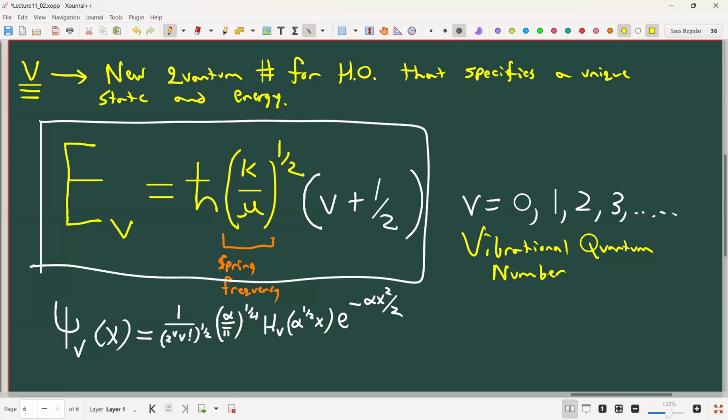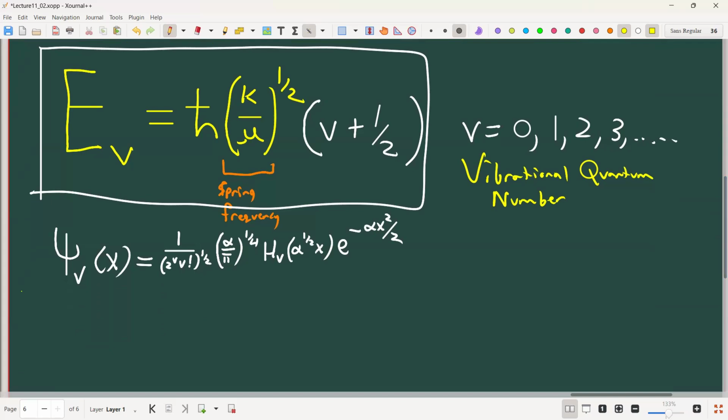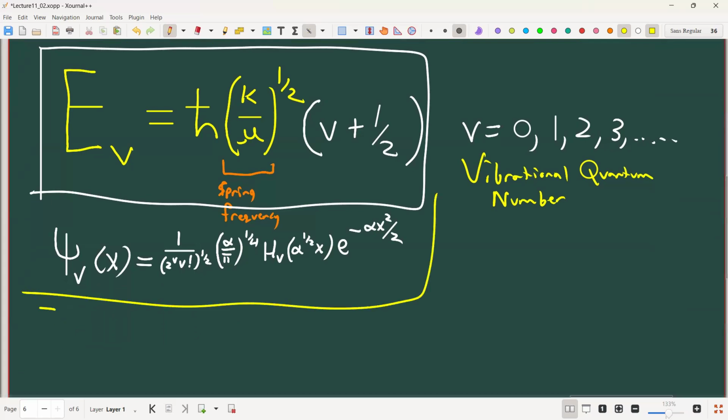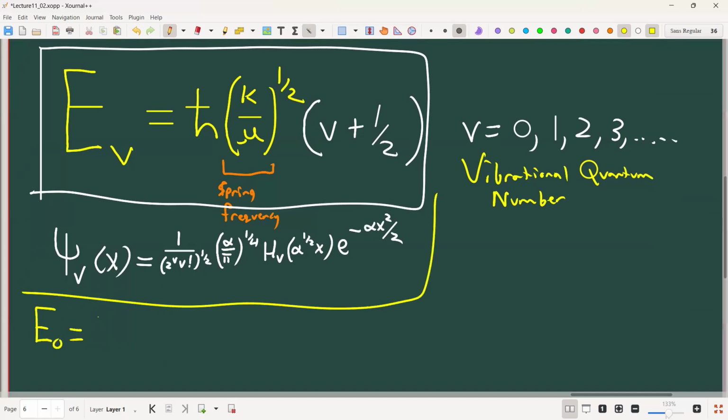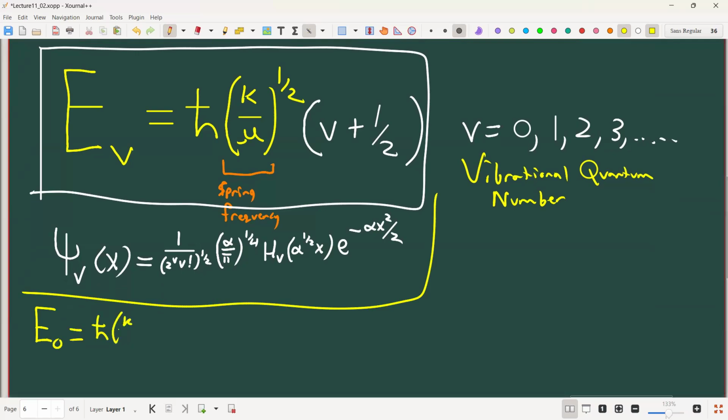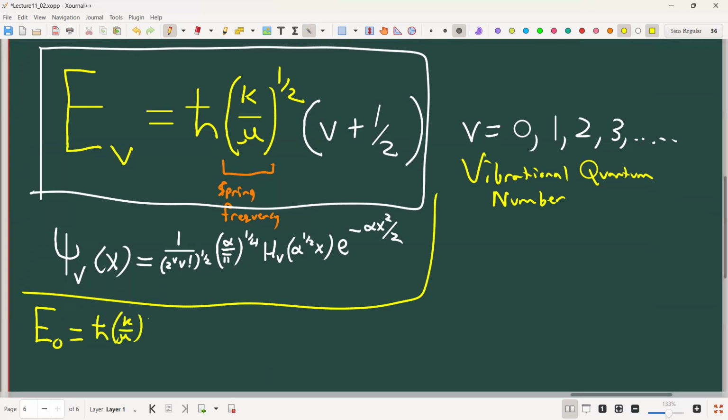So the ground state energy of our spring would be E of 0, which is h bar times the square root of k over mu, a positive number, an energy, times 0 plus 1/2, so 1/2. So E0 is h bar root k over mu times 1/2.